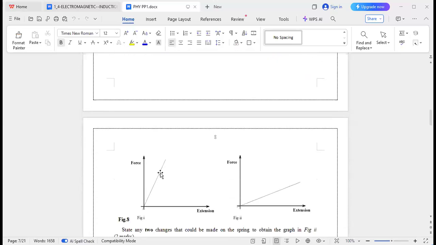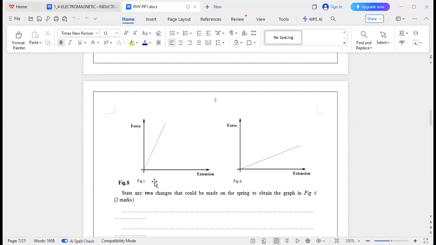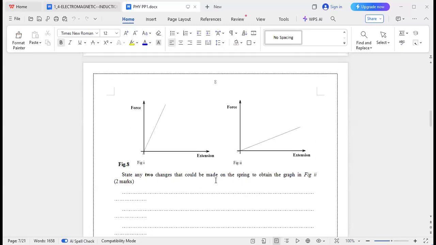So this is the original graph that was drawn. State any two changes that could be made on the spring to obtain the graph in figure 2.